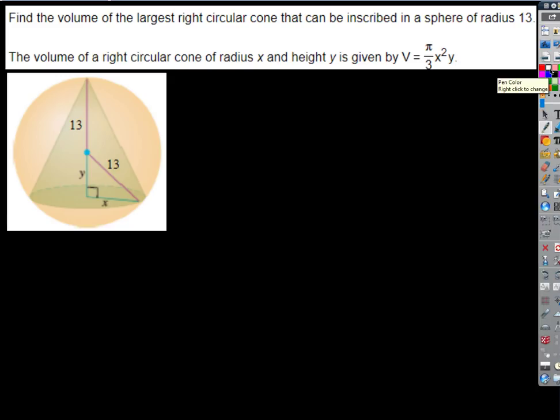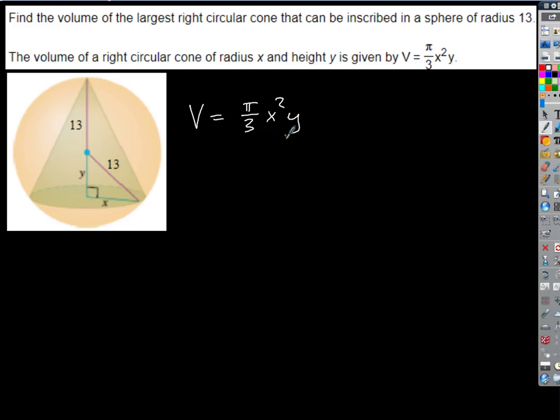Obviously, what's the issue with that? Y is actually y plus 13? You're right.